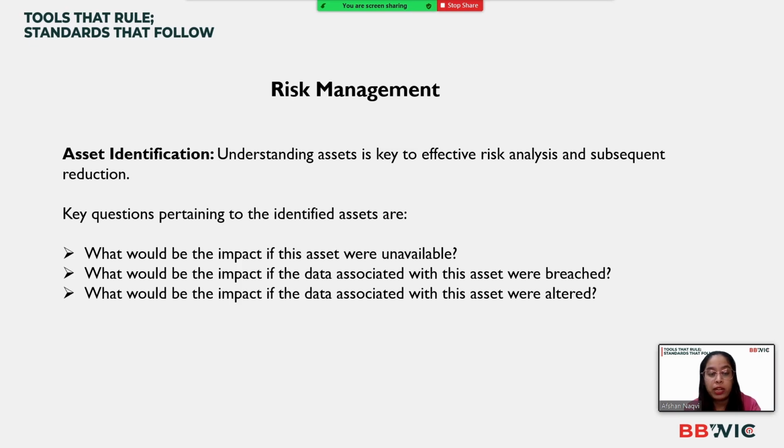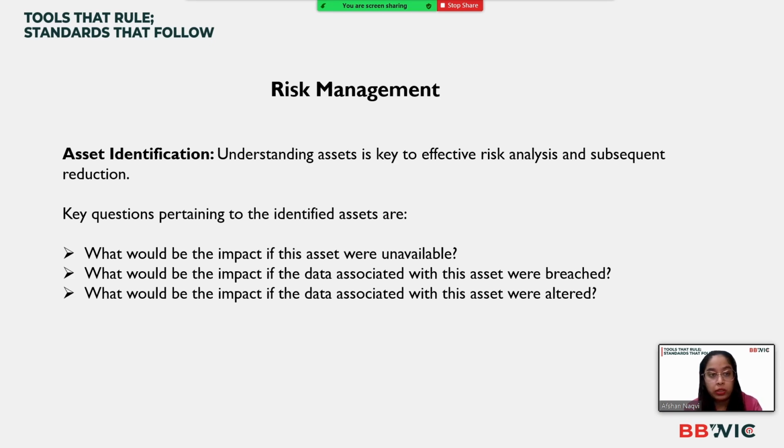Here are some key questions pertaining to the identified assets. The first question is, what would be the impact if these assets were unavailable? Second, what would be the impact if the data associated with these assets were breached? And the last question is, what would be the impact if the data associated with the assets were altered or modified?